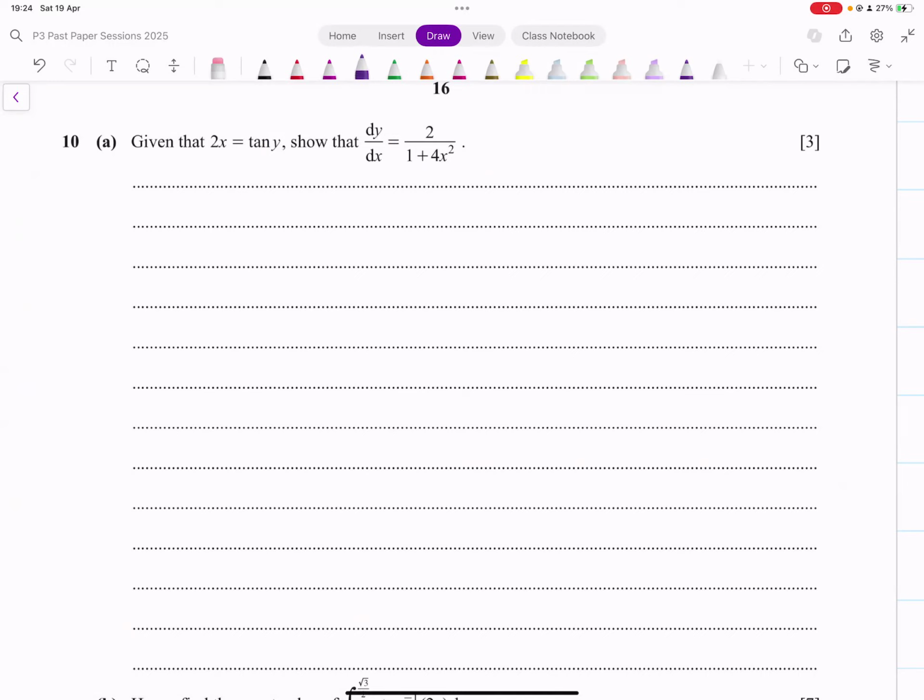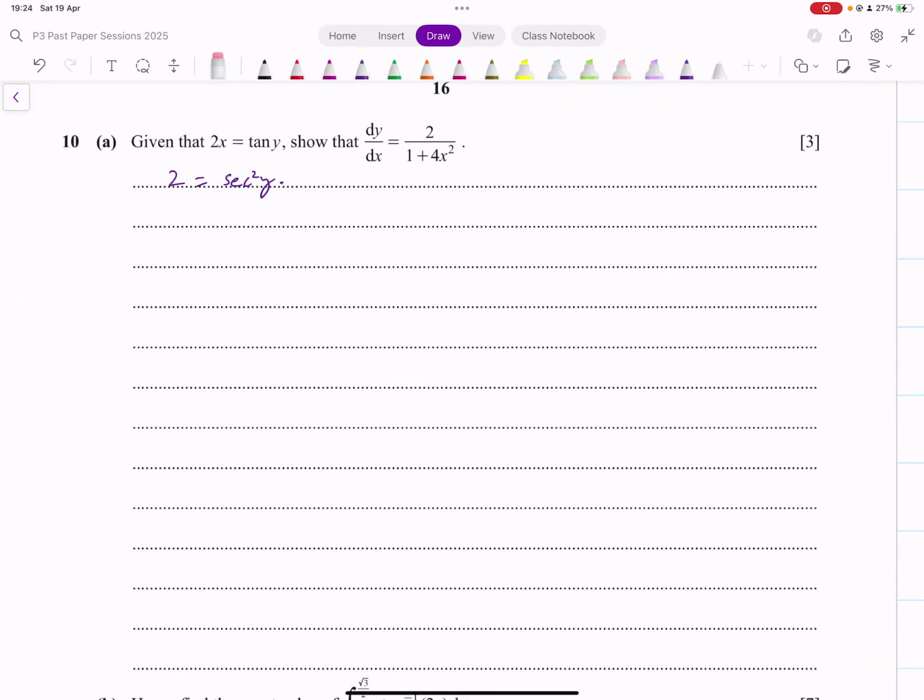If I differentiate both sides with respect to x, I would get 2 equal to derivative of tan, that is secant, so that will be secant square y, into dy over dx, right? And I'll end up getting something in terms of y.